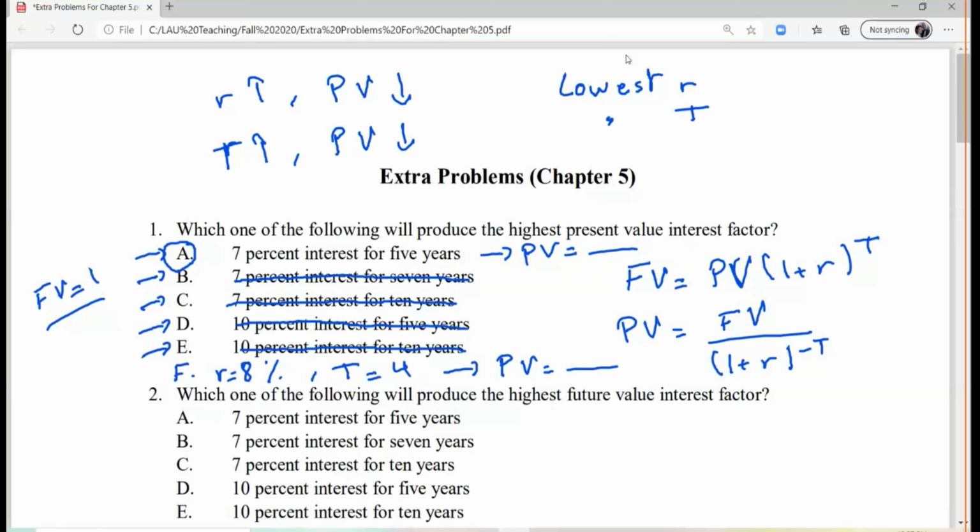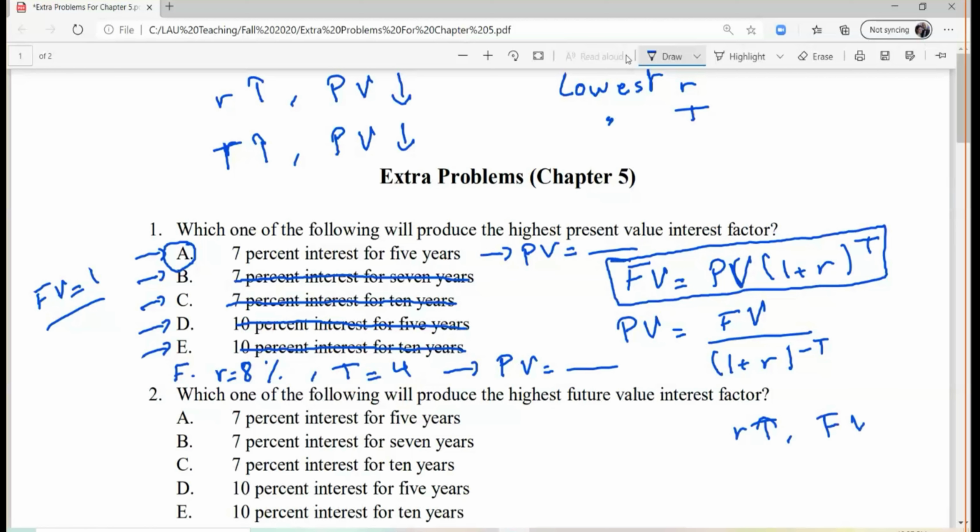Number 2 is very similar. If you look at this formula, FV equals PV times (1 plus R) to the power T, in this case there's a positive relationship between R and FV and between T and FV. So as R increases, FV will increase.